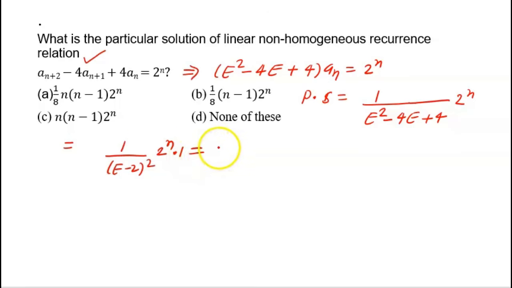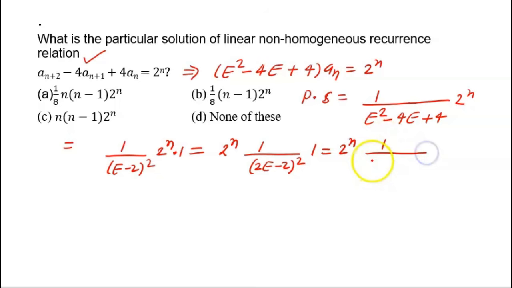So what I am going to do next is write 2 to the power n and 1 by, in place of E, I am going to write 2E minus 2 whole square, and that I operate on 1. This is equal to 2 to the power n, 1 by, and now 2E can be written as 2 plus 2 delta, minus 2 whole square over 1.